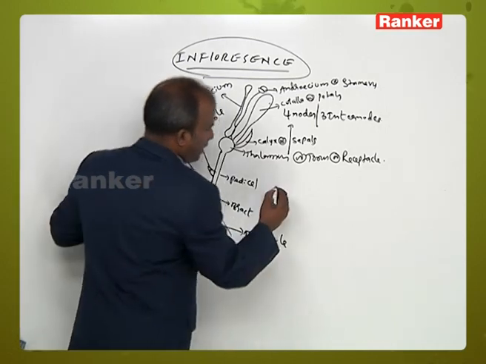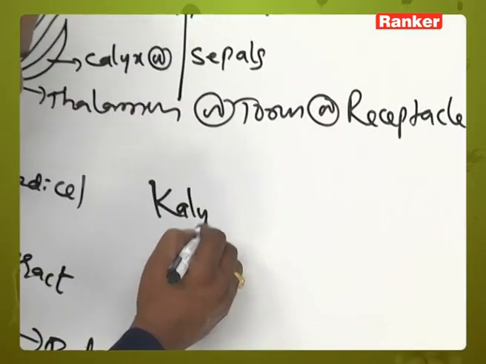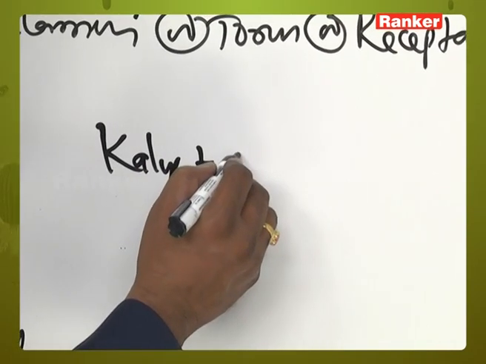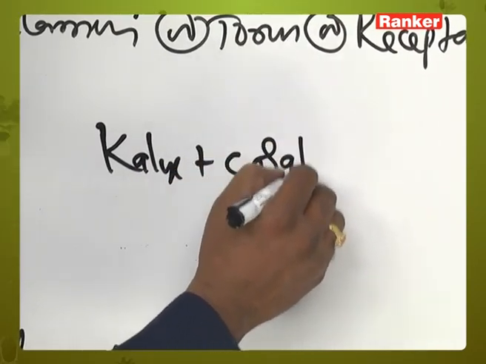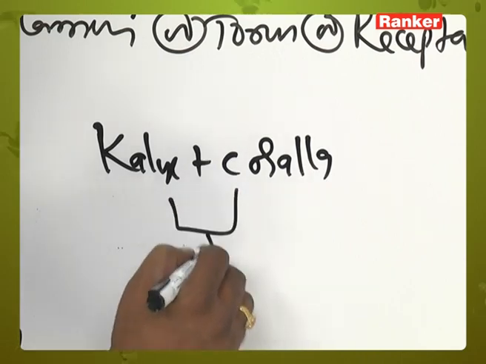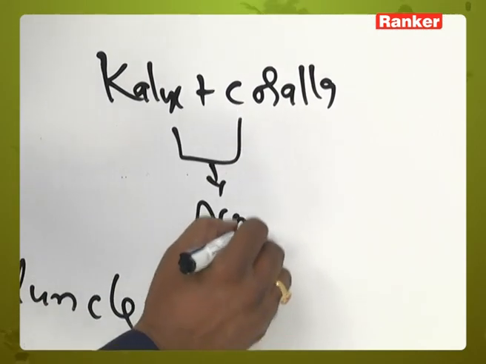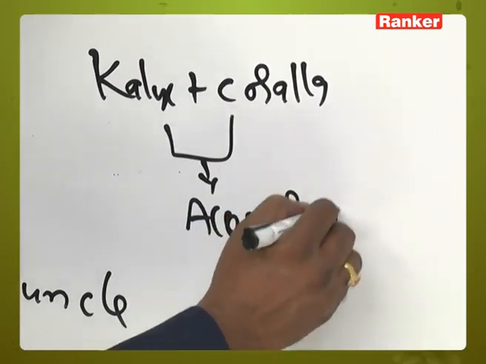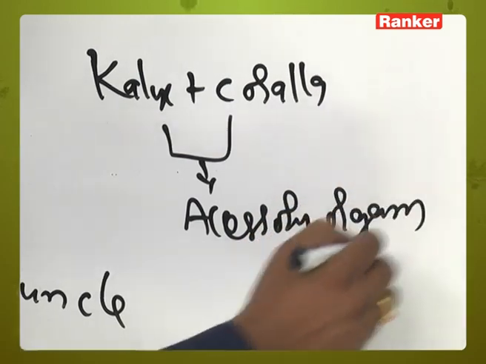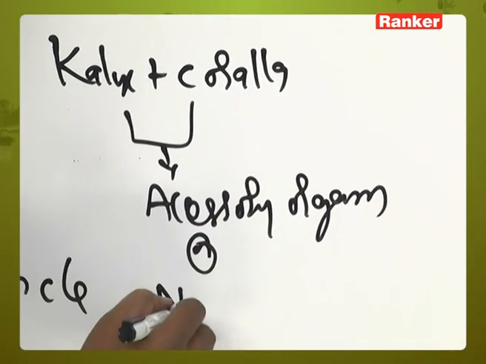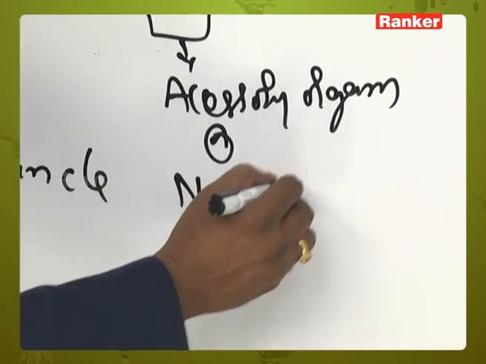In this, calyx and next corolla are called accessory organs, or non-essential sex organs.